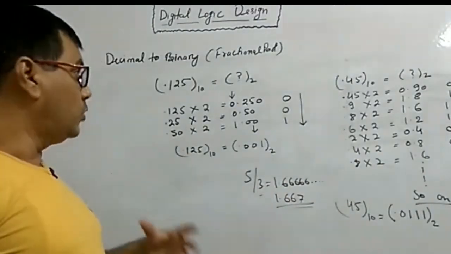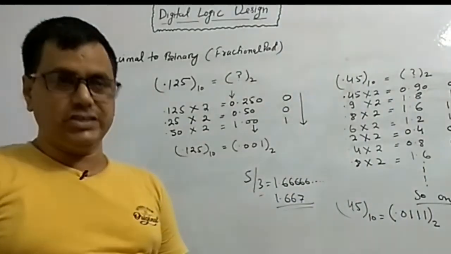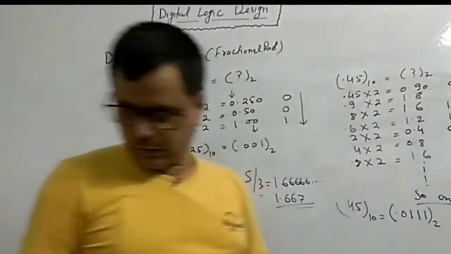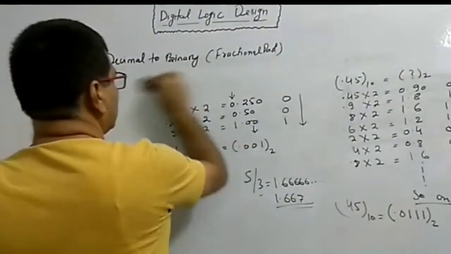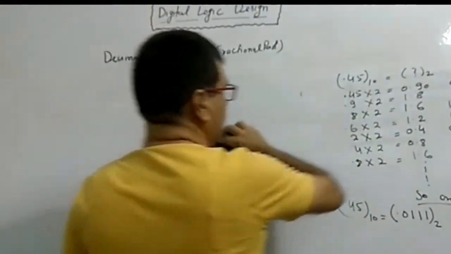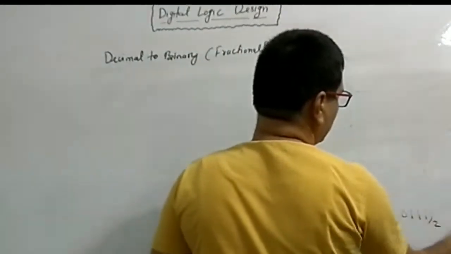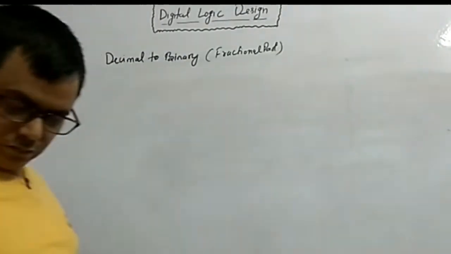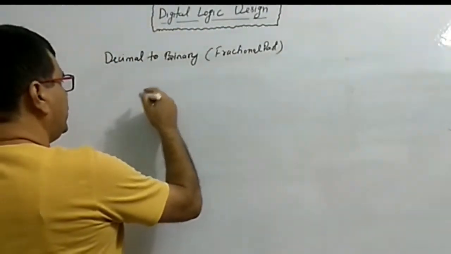And now, how to convert from fractional binary to decimal? The process is very simple. Look here.